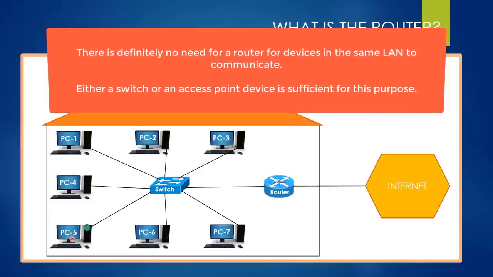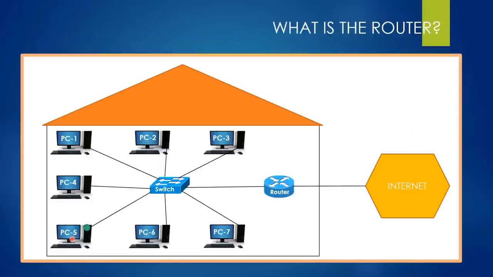I hope I could explain the event. However guys, what if PC1 wants to communicate with the internet? In other words, what will happen if PC1 wants to send a packet to the internet? Let's see. First of all, you should remember this information.